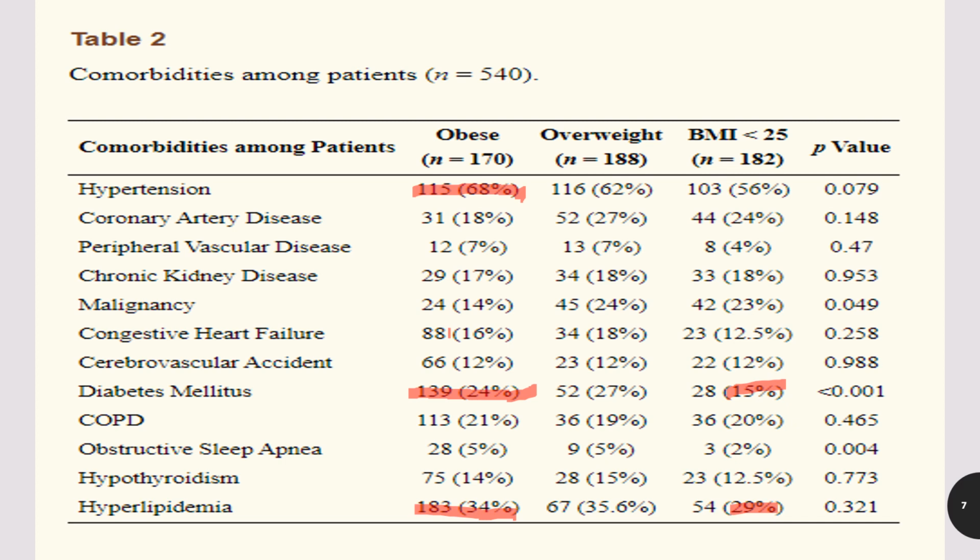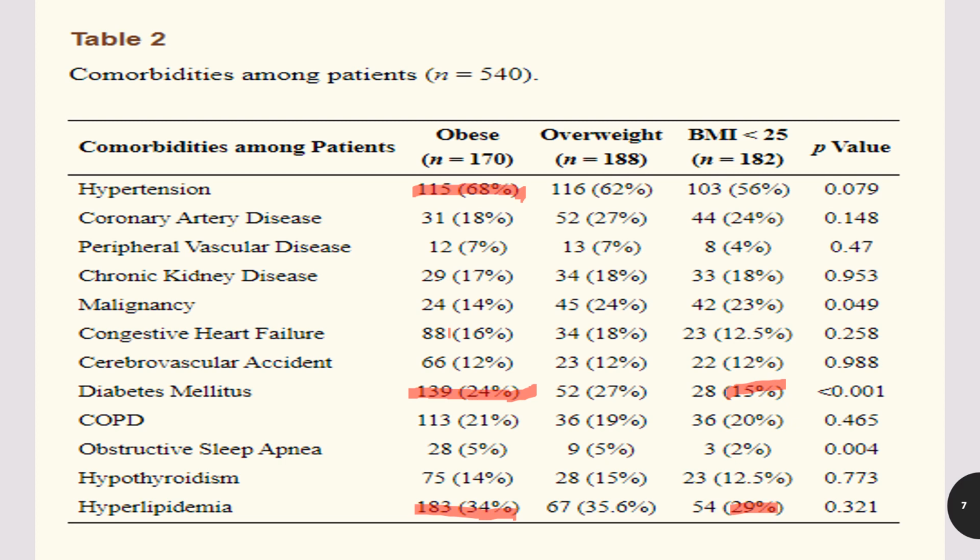Very interestingly, people who are overweight, who could be 10, 15 pounds overweight, are very susceptible to getting comorbidities such as hypertension, diabetes, hyperlipidemia, and so on. So it's not just being morbidly obese that this occurs to. Just being overweight has a significant impact too.